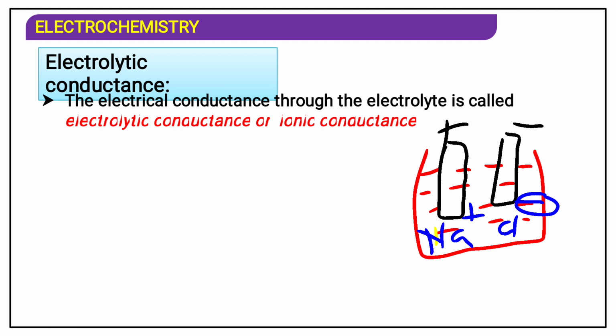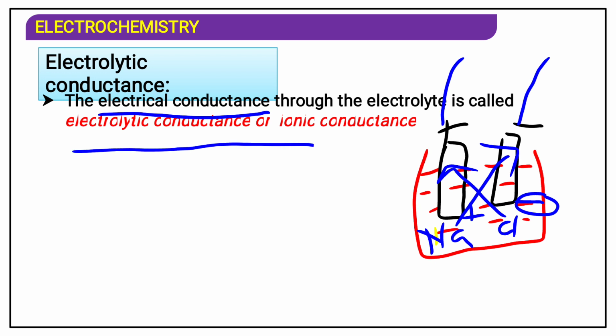This is the NaCl electrolyte I am taking. When you supply electricity through these electrodes, Na+ moves towards the negative electrode side, and Cl minus moves towards the positive electrode side. Means here the electrical conductance through the electrolyte is called electrolytic conductance or ionic conductance.